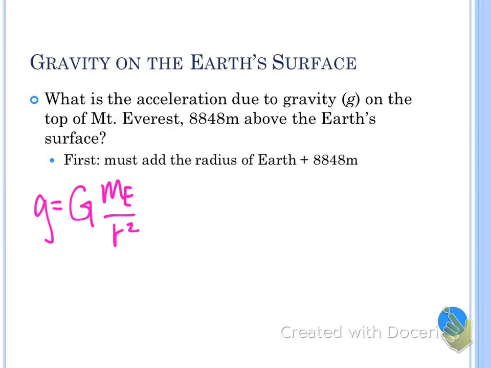Okay, so above the Earth's surface tells us that we first have to add that height, that distance, to the radius of the Earth, because every radius we plug into this equation has to be from our object to the center of the Earth. So we always have to take into account the radius of the Earth there. Okay, so our radius would really be 6.38 times 10 to the 6th plus 8,848.